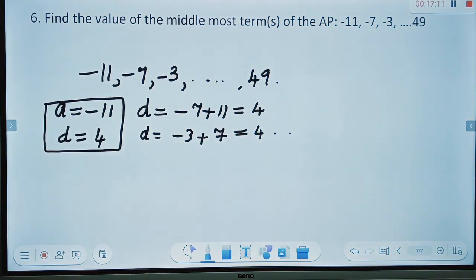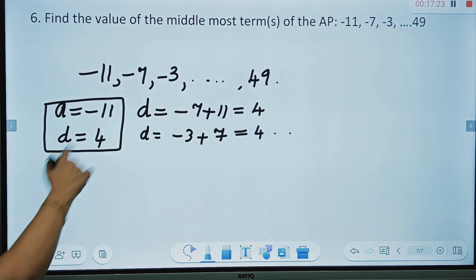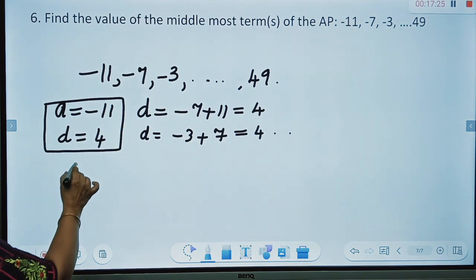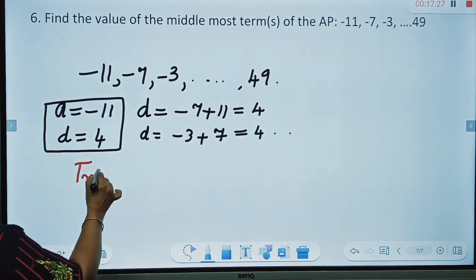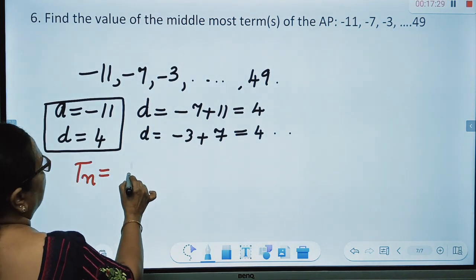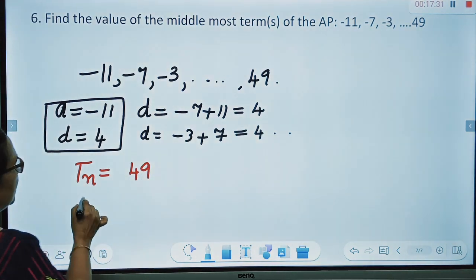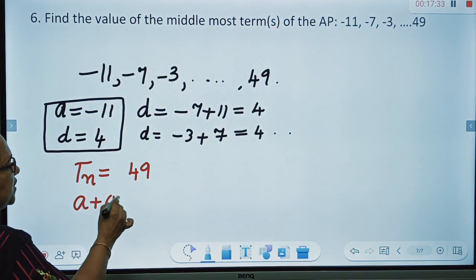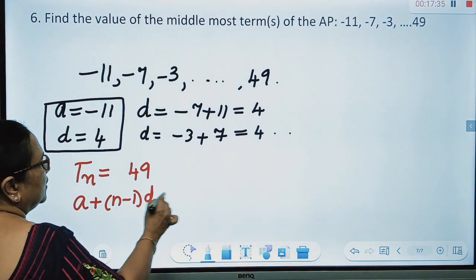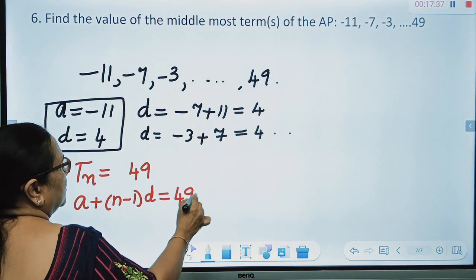We want to find the middlemost term. For that we have to know how many terms are there. Only then I can know which is the middlemost term. So, how many terms are there? I need to know. For that, I know that the nth term is 49. Tn equal to 49. What is the nth term? A plus n minus 1 d equal to 49.